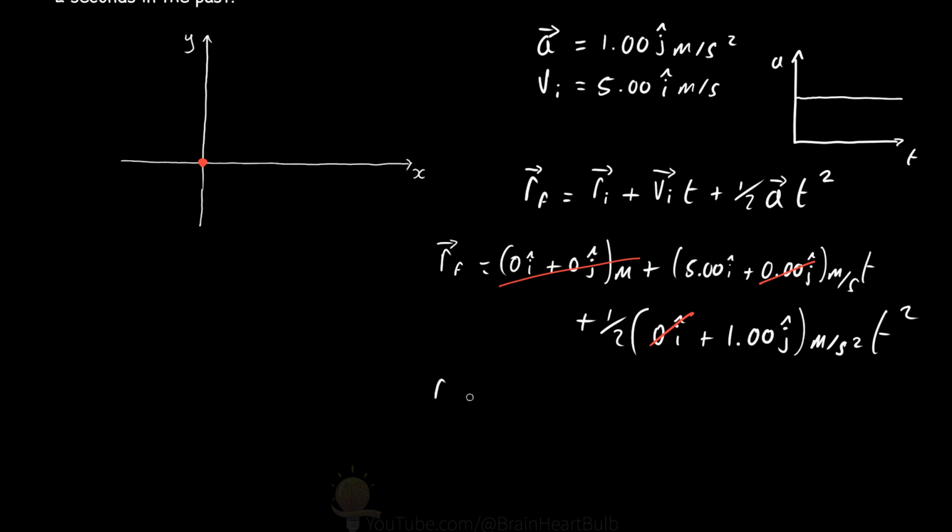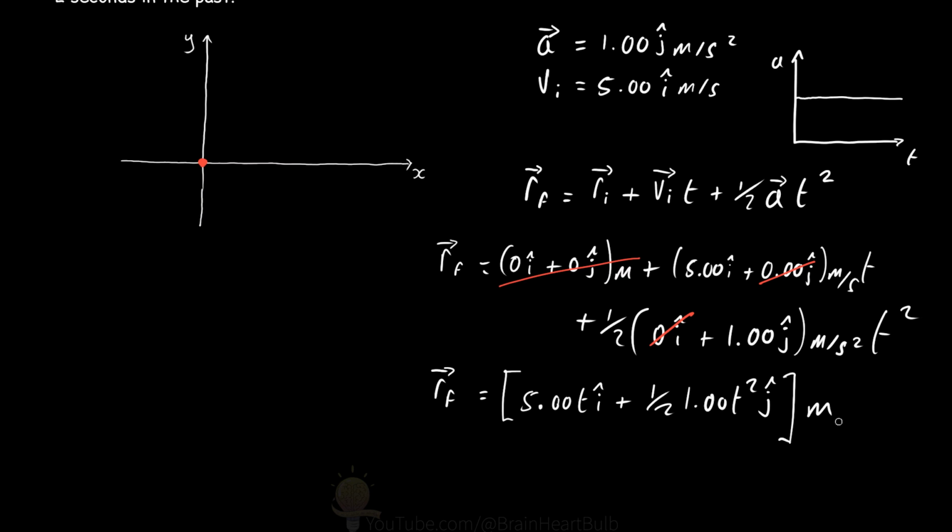And this gives us an equation of 5.00 t i plus half 1.00 t squared j meters.